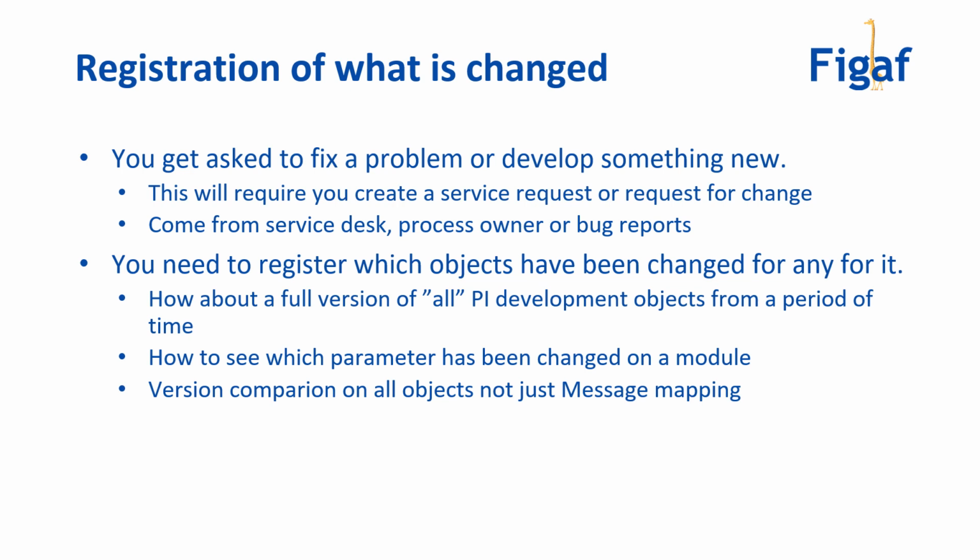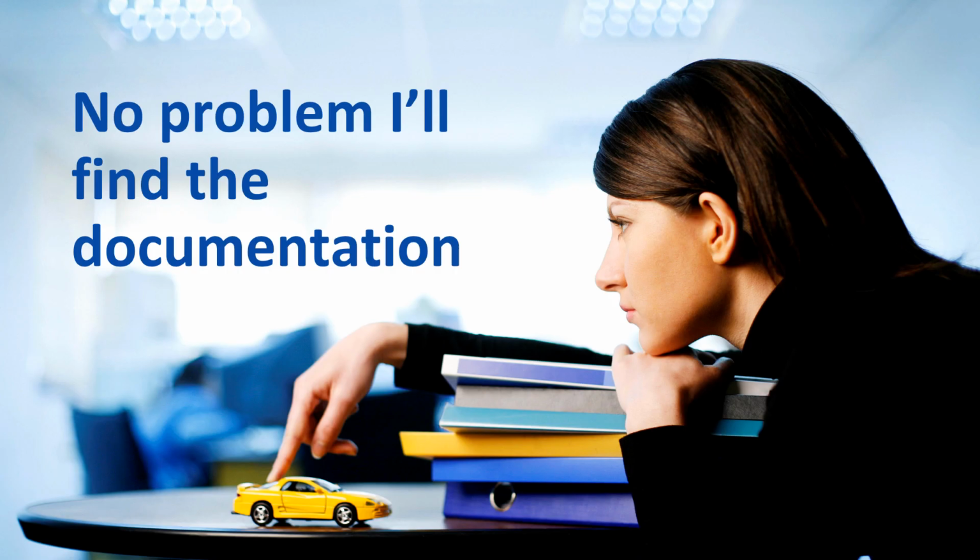If someone asks you to do a change to your banking interface, you want to ensure that you fix the problem first, and then you want to develop a good solution for registering what objects you have changed and what the parameters are. There are obviously some challenges: you cannot do a full version comparison, but you don't want to write down all the changes you have done, because then it's just going to be humongous, and you will not really be able to find anything in your big pile of paper.